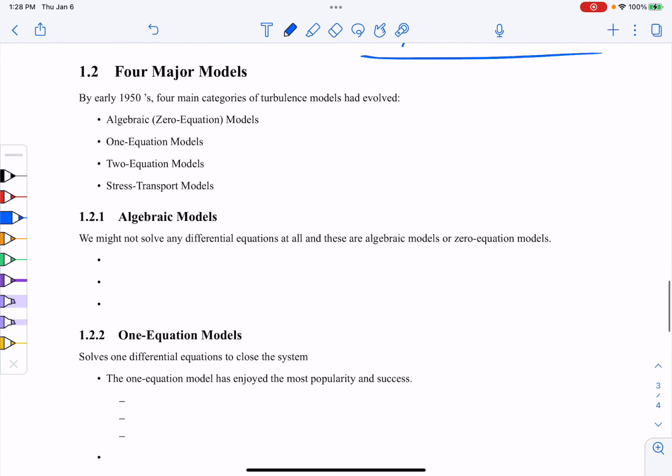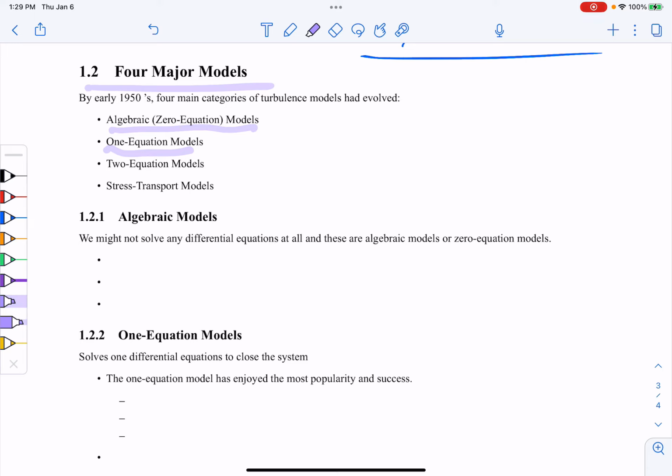So let's just kind of make some notes about these 4 types of models and their major developments. So this is section 1.2. And we already mentioned some of these, right? Algebraic models, we call them 0-equation models because there's no differential equation. 1-equation models have a single differential equation.